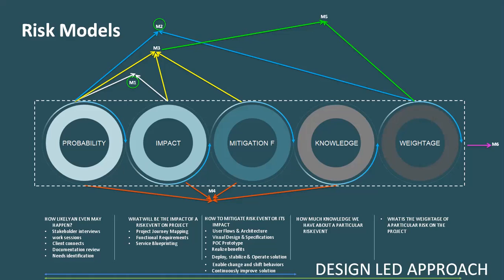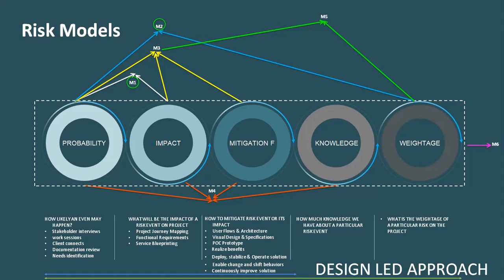Fourth, knowledge: how much knowledge does the risk owner have to actually mitigate that risk? Correct? A person with lesser knowledge will be able to mitigate that risk to a lesser degree. An expert who has expert knowledge on that risk factor might be able to reduce the impact or mitigate that risk close to 100%.